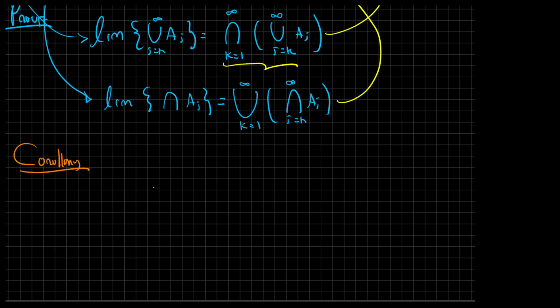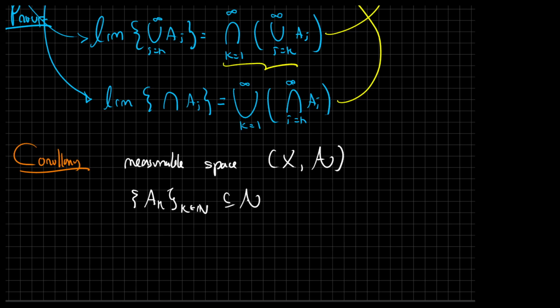Let's say that we have a measurable space, which is X and some sigma algebra of X. And we have some countable family in the sigma algebra.